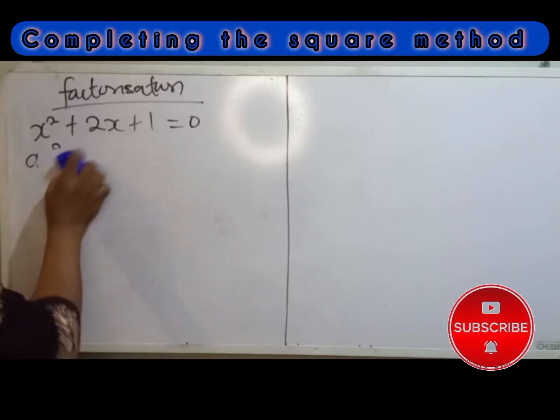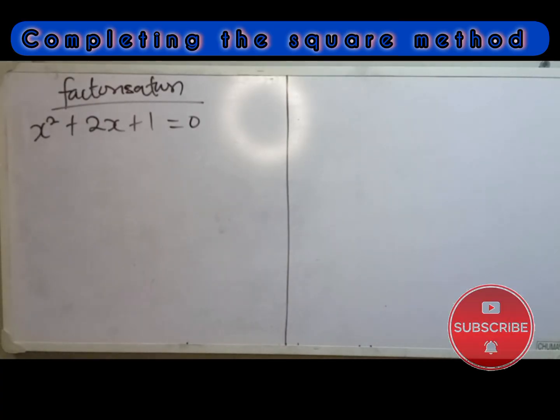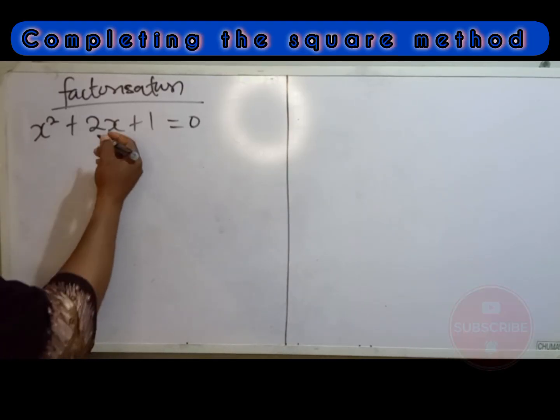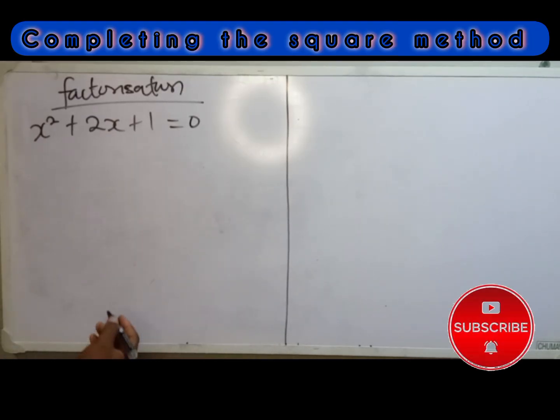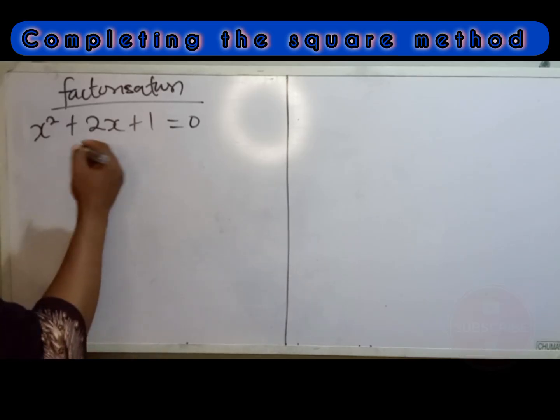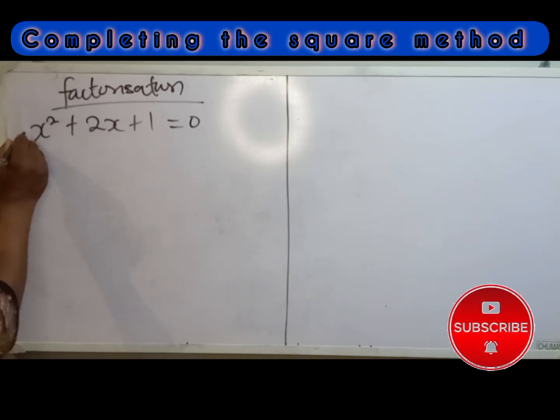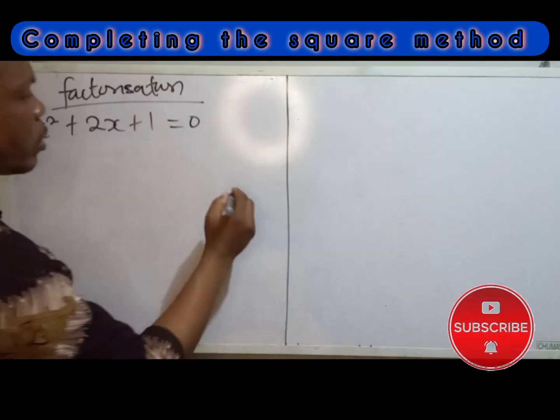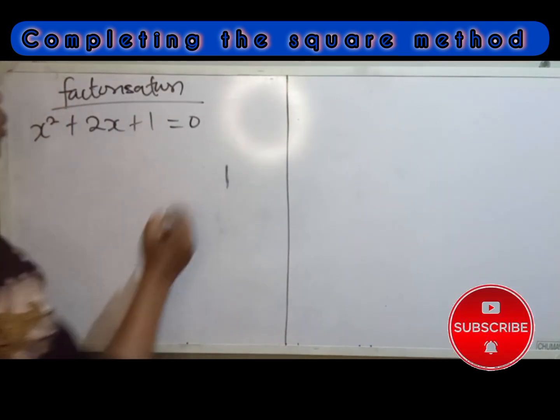Now, to solve using the factorization method, we want to find a factor. The coefficient here is 1, and 1 times 1 is going to give us 1.